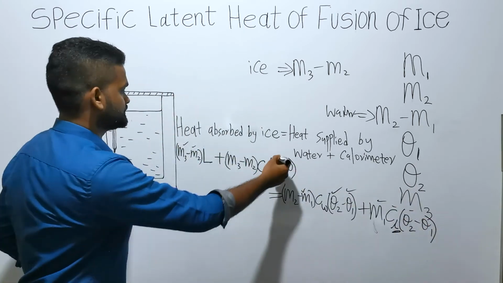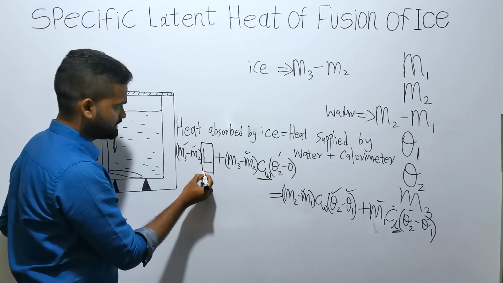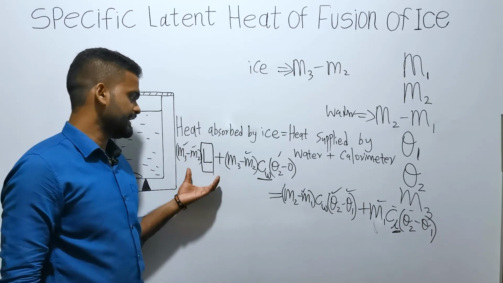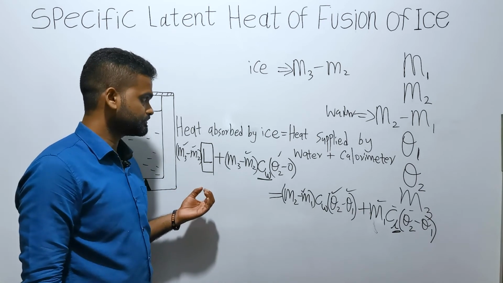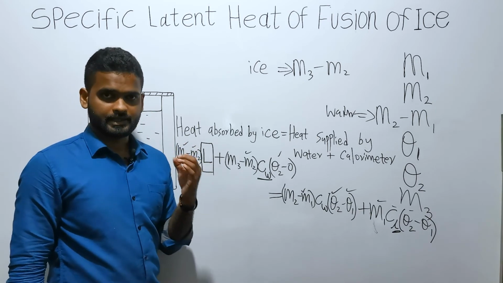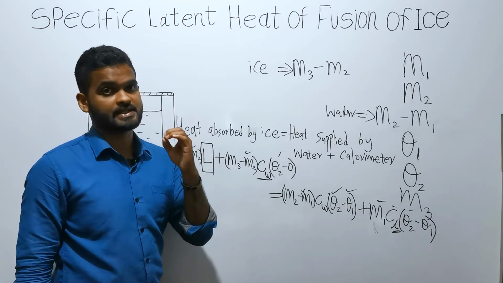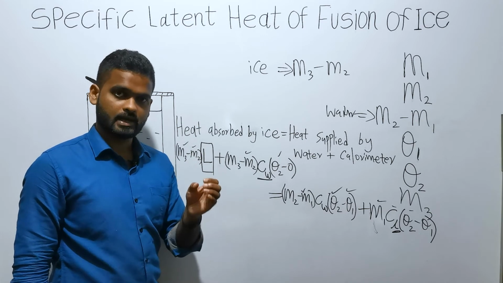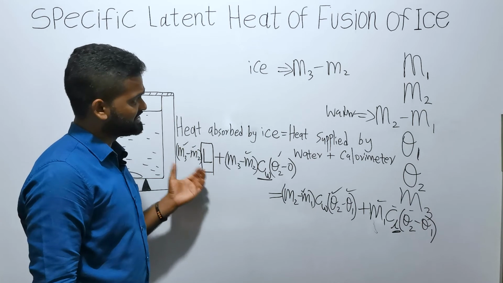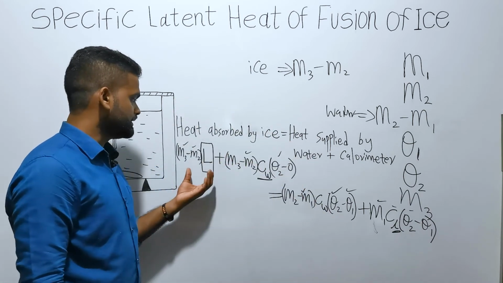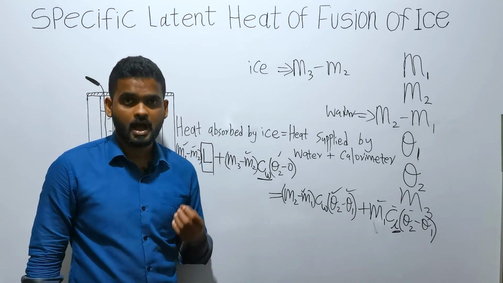All these values are known, except capital L, the specific latent heat of fusion of ice. That is the amount of heat required to convert 1 kilogram of ice at 0 centigrade into 1 kilogram of water at 0 centigrade. In this way we can find the specific latent heat of ice.